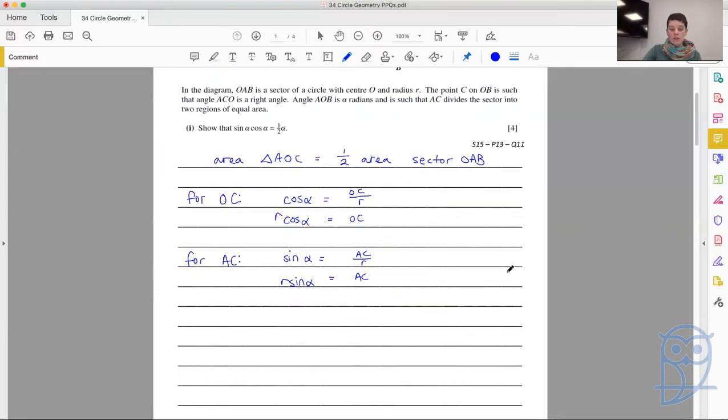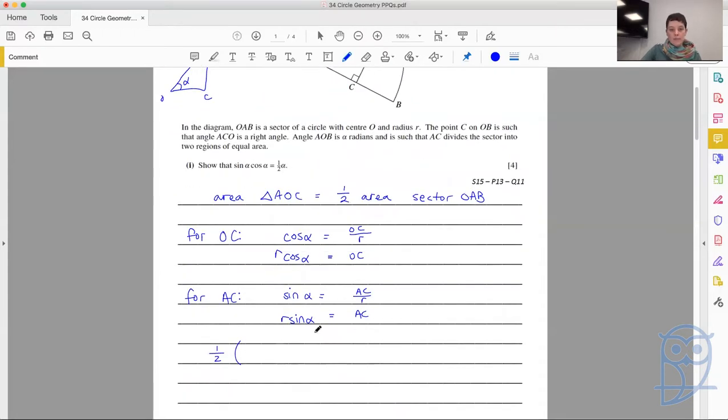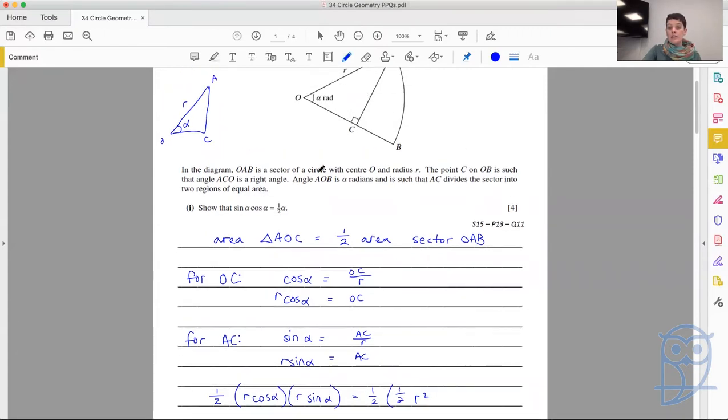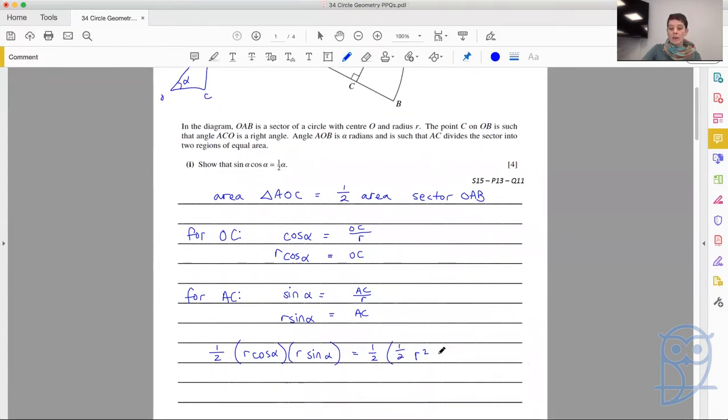So area of our triangle, we have 1/2 base OC, R cos alpha, times height, R sine alpha, equals 1/2 times the area of sector OAB, that is 1/2 R squared. Theta in this case is alpha, because remember we don't want to write down those formulas. So 1/2 R squared alpha.